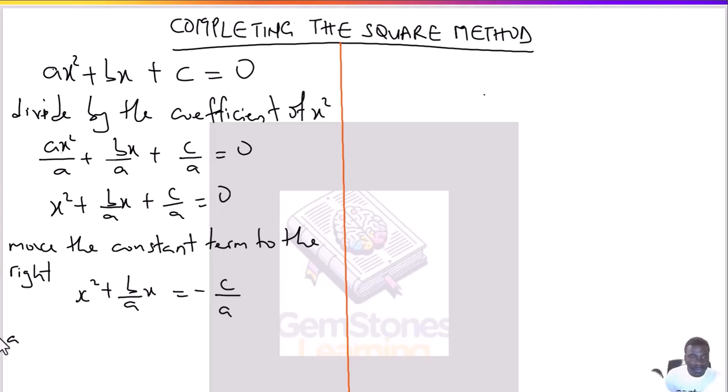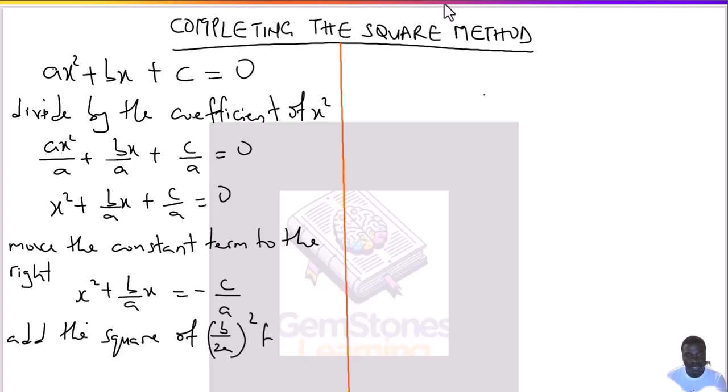Add the square of half of b over a, that's b over 2a all squared, to both sides.